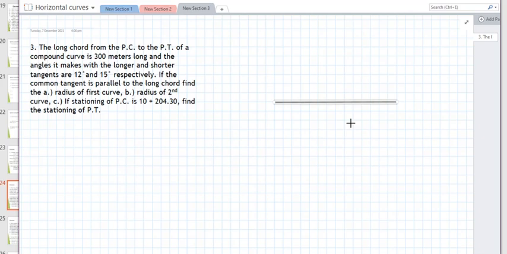And the angle it makes with the longer and shorter tangents are 12 degrees and 15 degrees respectively. So if the common tangent is parallel to the long chord, find A, the radius of the first curve, B, the radius of the second curve, and if the stationing of PC is 10 plus 204.3, find the stationing of PT. Okay.